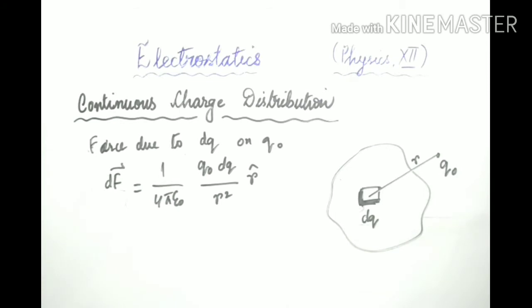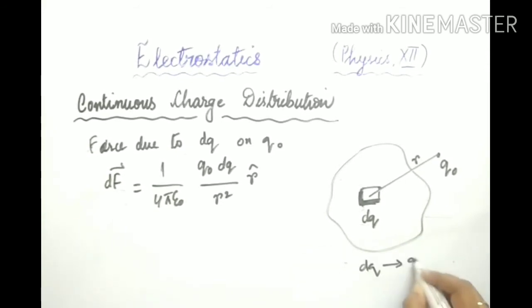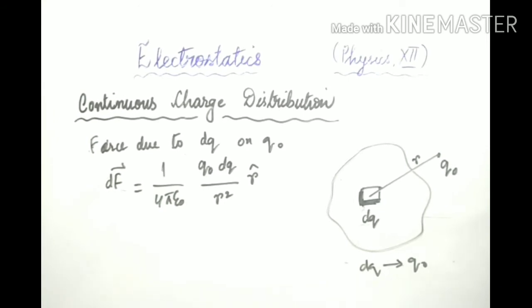Here r is the unit vector which points in the direction from dq towards q0. So r is this unit vector.